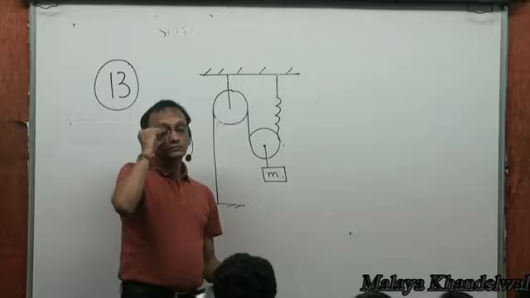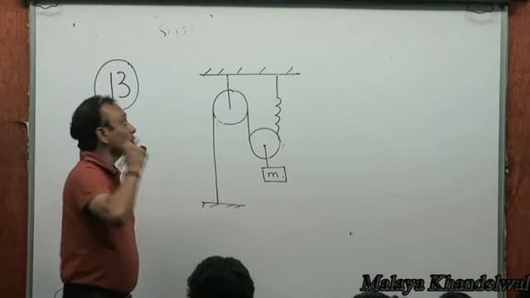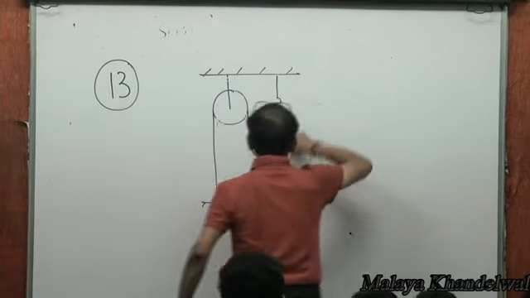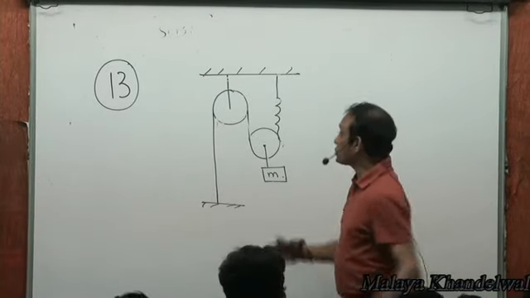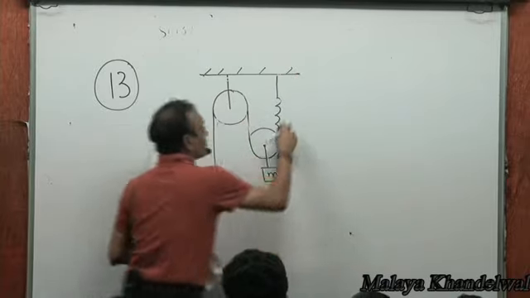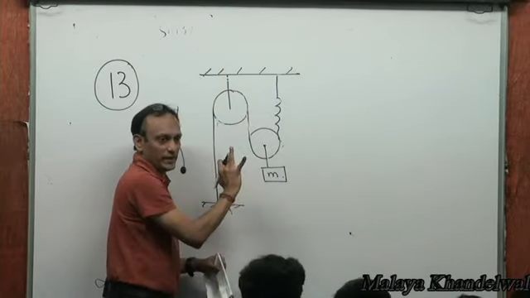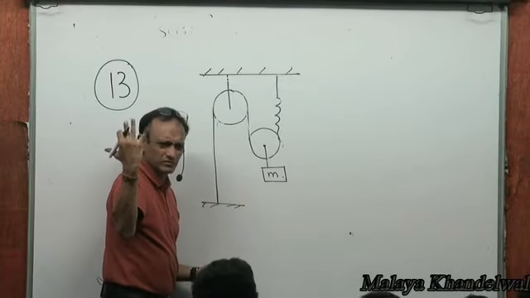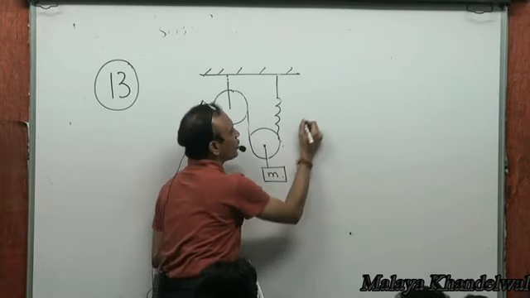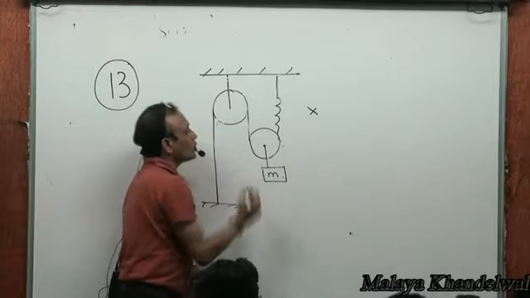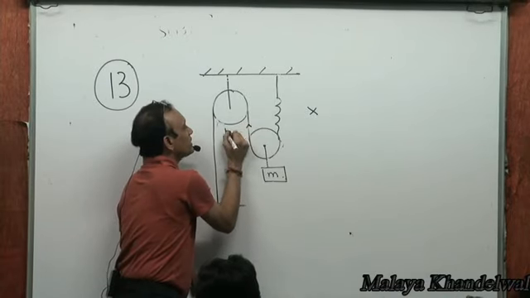Now, in the process, this spring must have got elongated by an amount x. If it gets elongated by an amount x, the spring force would have become kx. Say x1: in this equilibrium position, the spring would have got elongated by an amount x1, causing the spring force to be kx1 like this.